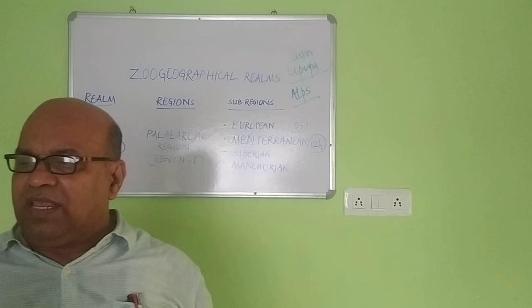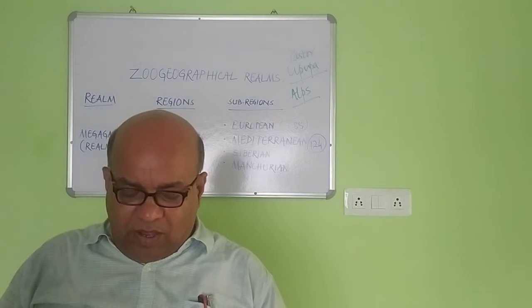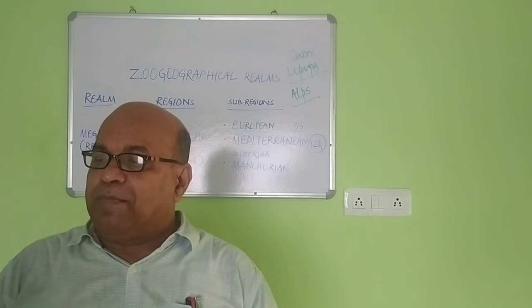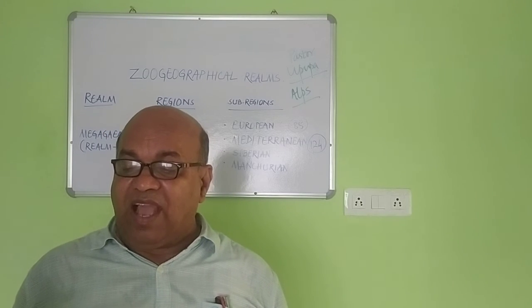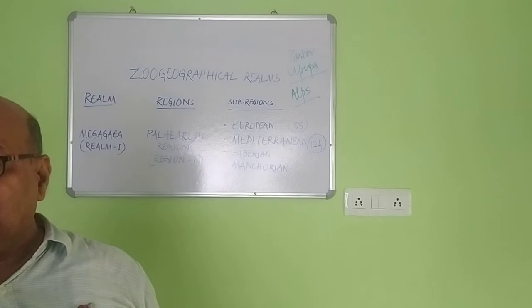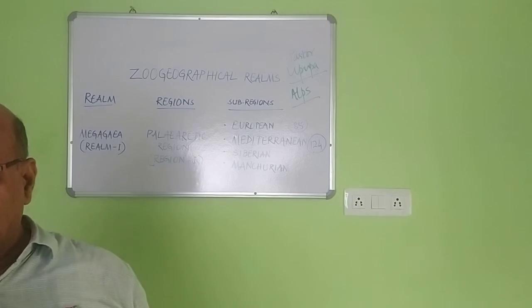These birds you have seen along with mammals like the wild ass, porcupine and hyena, H-Y-A-E-N-A. These are noticed in the Mediterranean region.